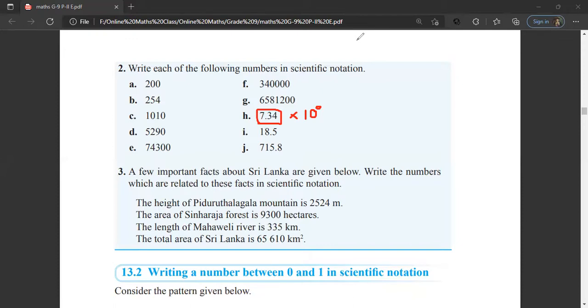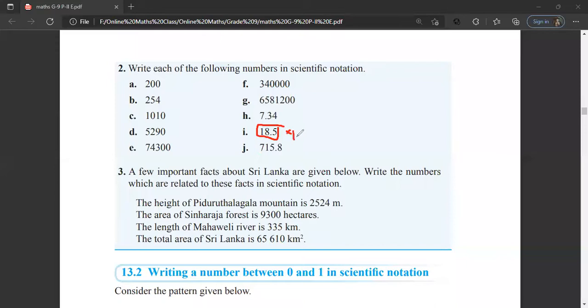I. 1.85 into 10 to the power 0. Is that correct? No, sir. 10 to the power 0 means 1, no?